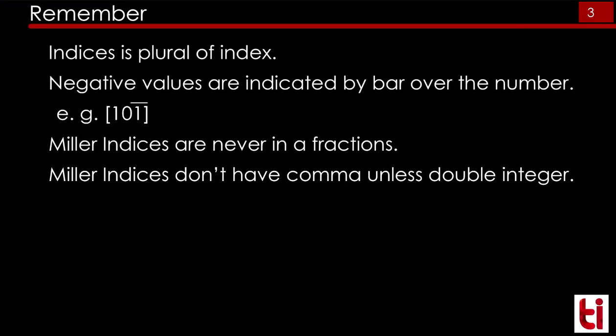Before that, you have to remember that indices is the plural of index. Negative values are indicated by a bar over the number. So what we have written here is 1 0 1 bar, and since this is a square bracket, this notation is for Miller indices of direction. 1 bar means that this axis is along minus z, and this is a very important thing, that Miller indices are never in a fraction.